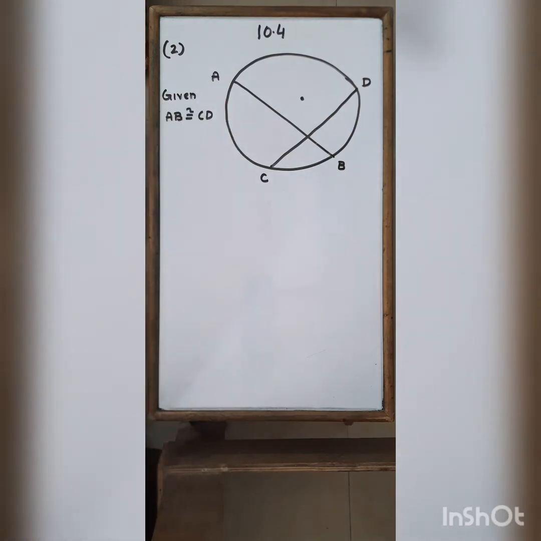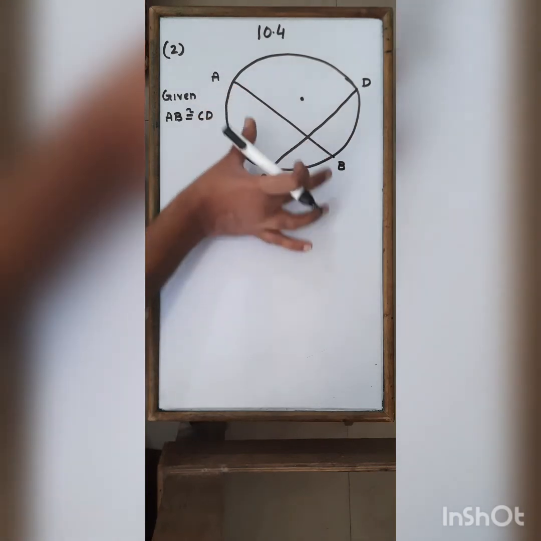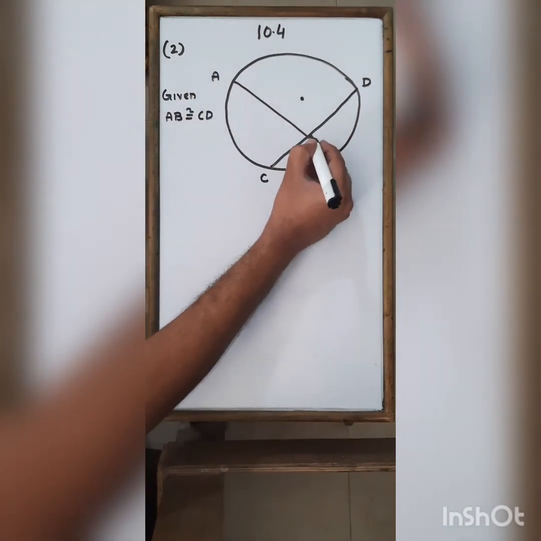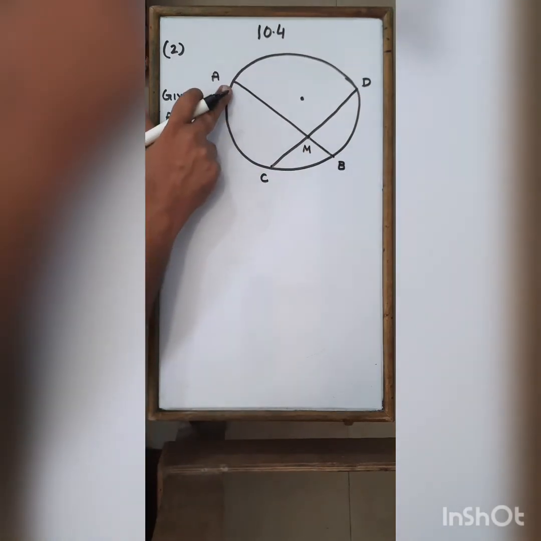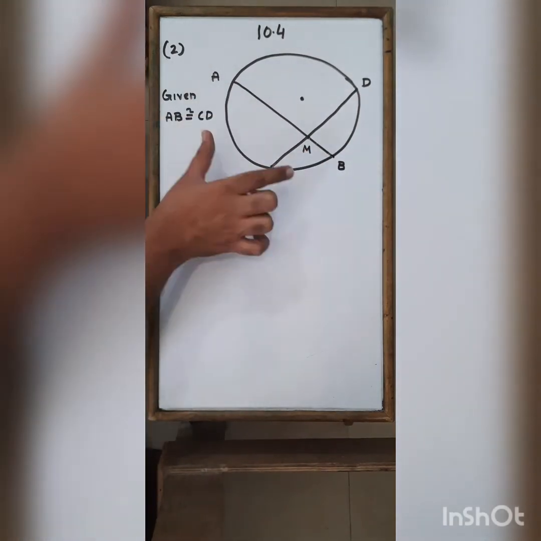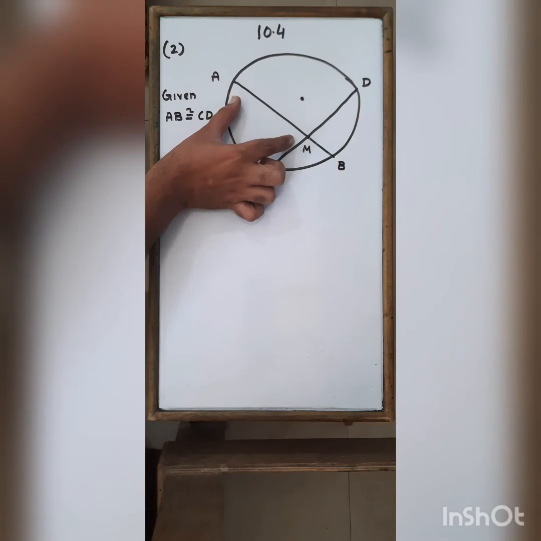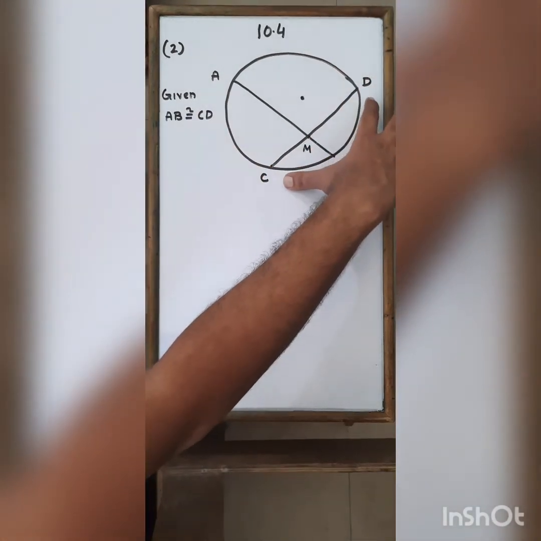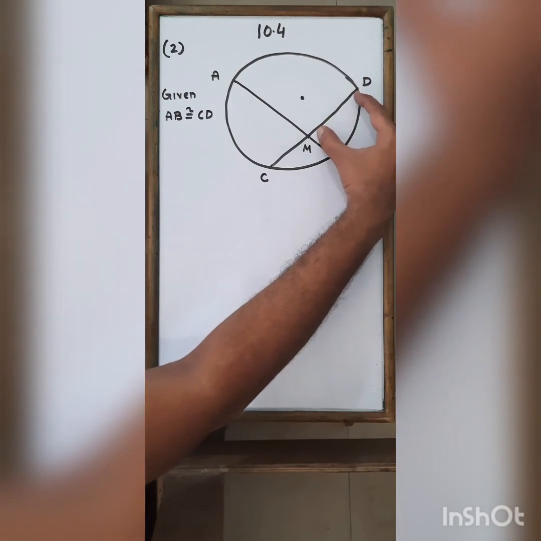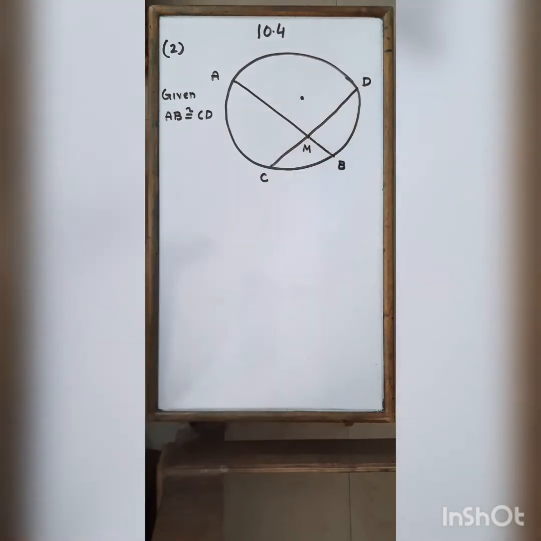What you have to prove? Prove that the segments of one chord, segment means part of one chord, they are intersecting here. Suppose I take this point as M, then in chord AB, the larger segment will be AM and the smaller segment will be MB. In chord CD, the larger segment will be MD and the smaller segment will be MC.